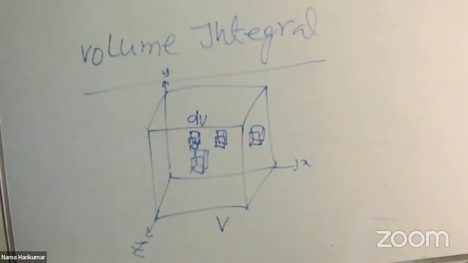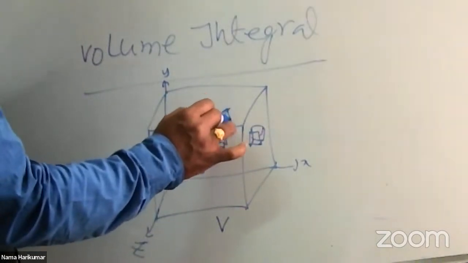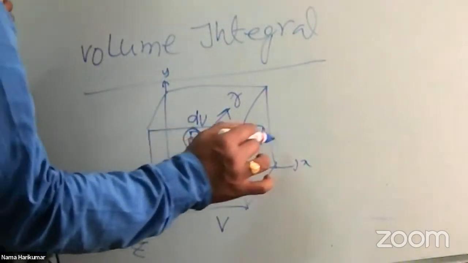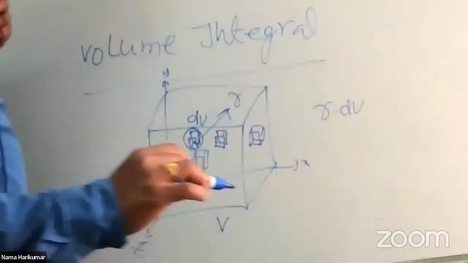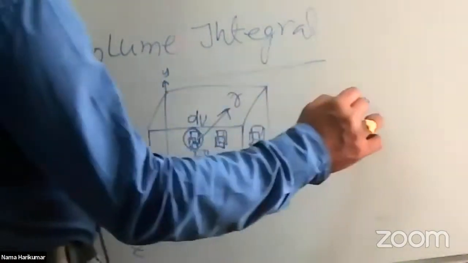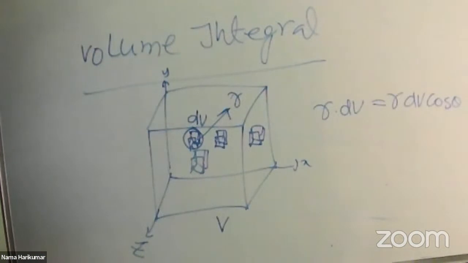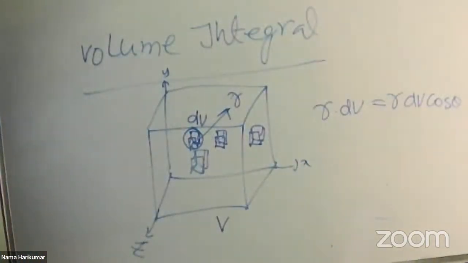In the same way, the small value dv is also a vector, with magnitude dv and direction r. So the small value is r dot dv, that is r dv cos theta.